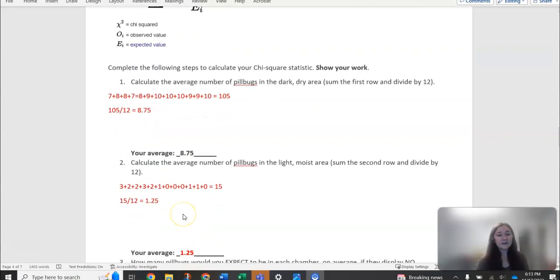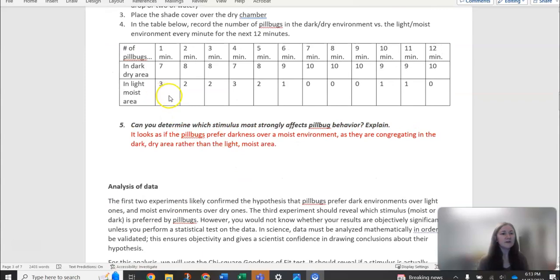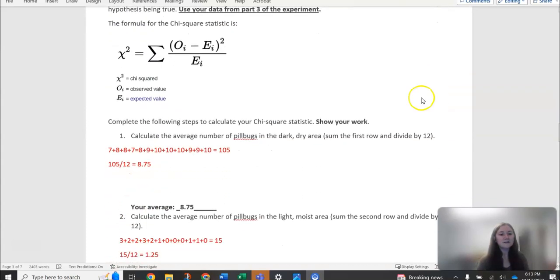And then number two, calculate the average number of pillbugs in the light moist area. Again, we're referencing that Part 3 data table. Starting with 3, we add all those numbers together, and it equals 15. Then you divide 15 by 12, and you get your average number, which is 1.25.